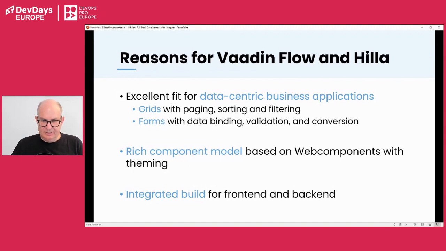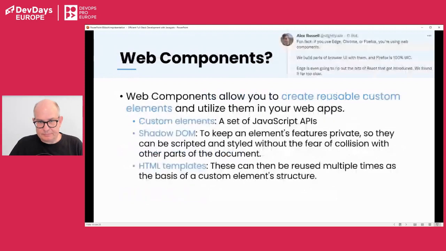So that's quite the interesting thing about the UI and the look and feel. But you also want to integrate the build for front end and back end, because you usually are more like a back end developer who needs to build a front end for a data-centric business application.